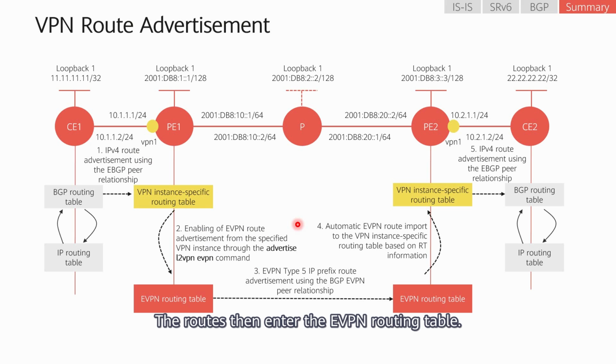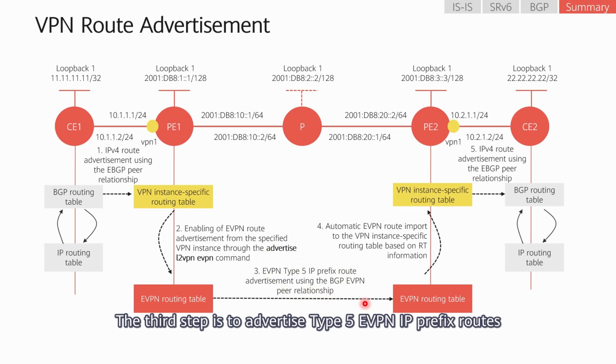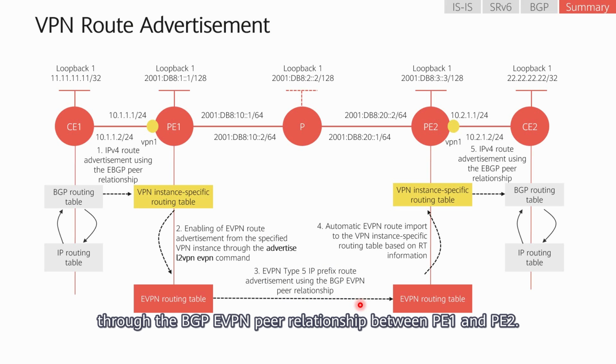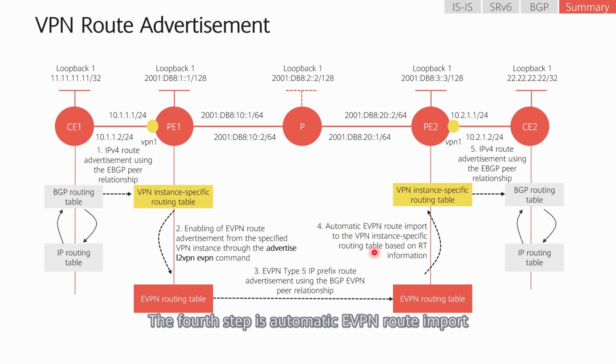The routes then enter the EVPN routing table. The third step is to advertise Type 5 EVPN IP prefix routes through the BGP EVPN peer relationship between P1 and P2.